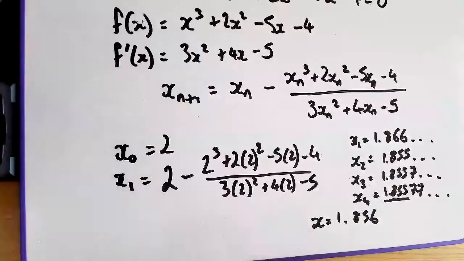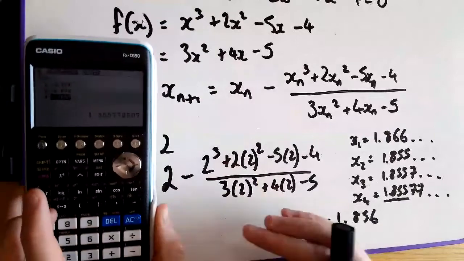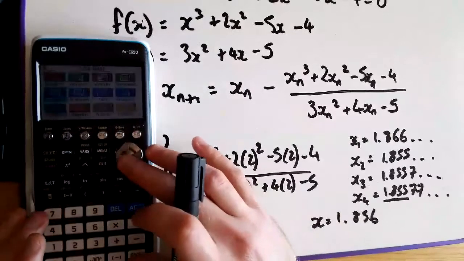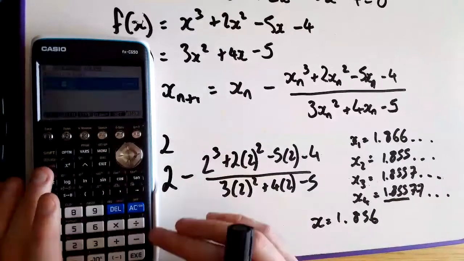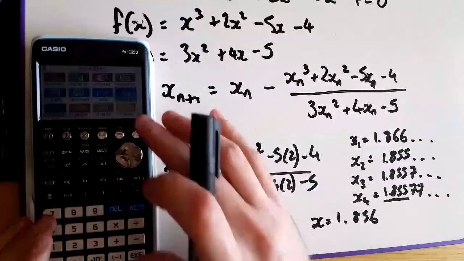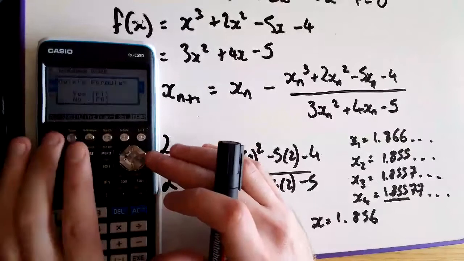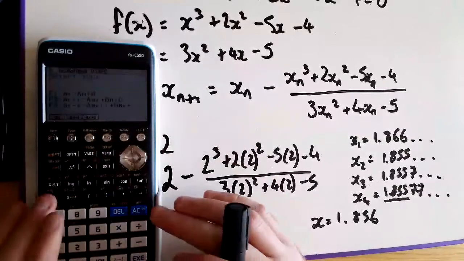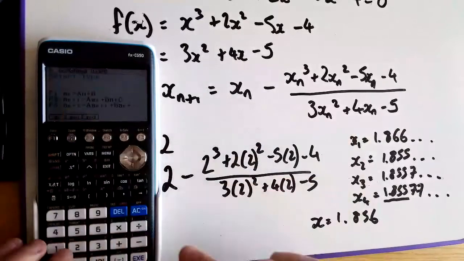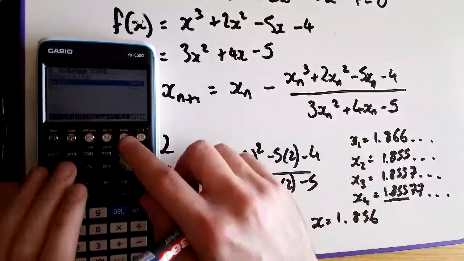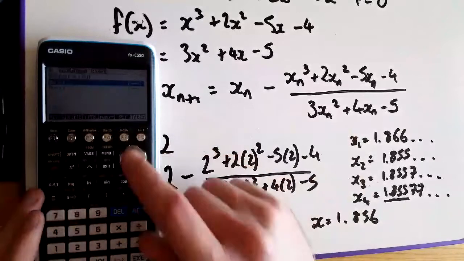Okay, before I do another one, I'm just going to remind you how we can use the sequence mode. So go on to recursion, remember? Then I'm going to delete that. If you haven't already changed the type to the one that's got the an plus 1, so f2, then we're going to type in the formula.